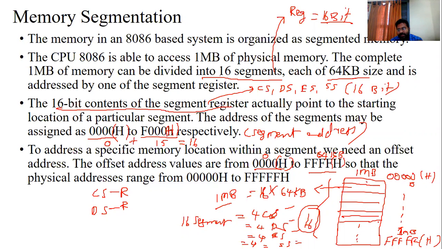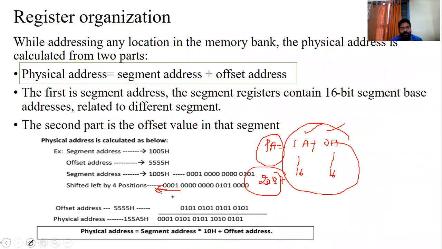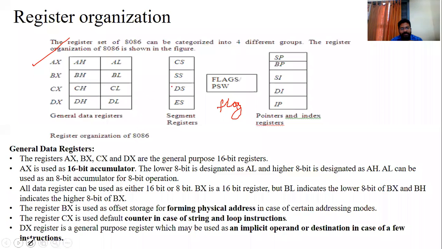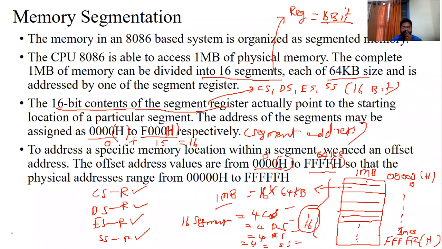To identify this segment memory, we use the code segment register, data segment register, extra segment register, and stack segment register. That is the purpose of these registers. You can identify the segment addresses in memory using these 4 registers, each of 16 bits. That is the use of these registers.